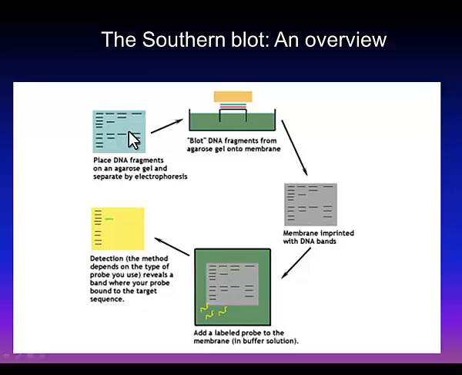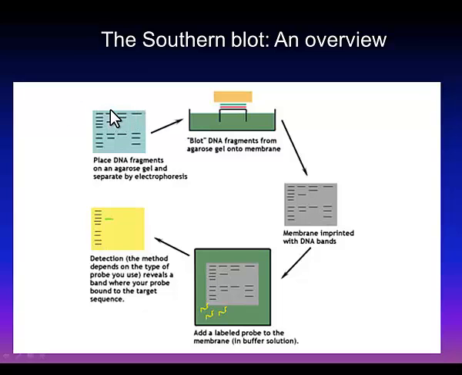Just to help jog your memory, the samples get loaded in the top in what are called wells. These are little indentations left in this jello-like substance by a mold called a comb that you stick down into the gel. When the gel hardens, you pull the comb out and it forms these little pockets.